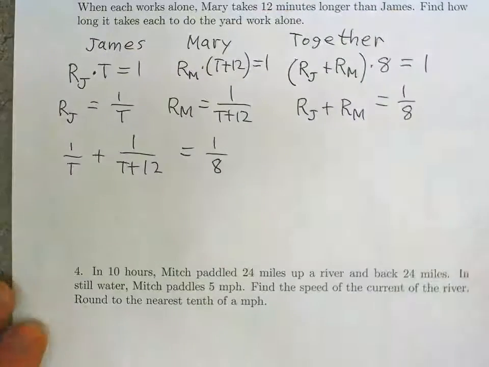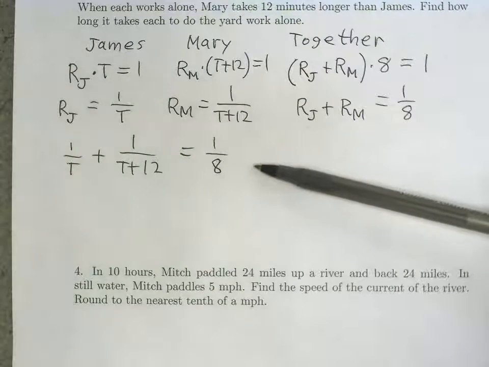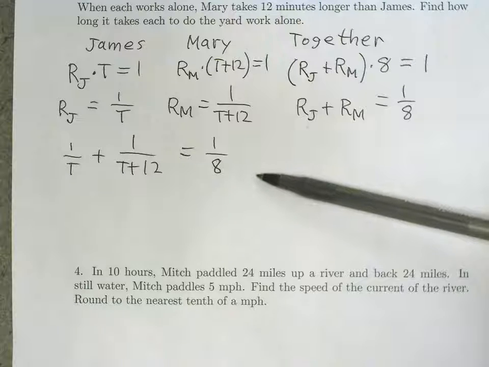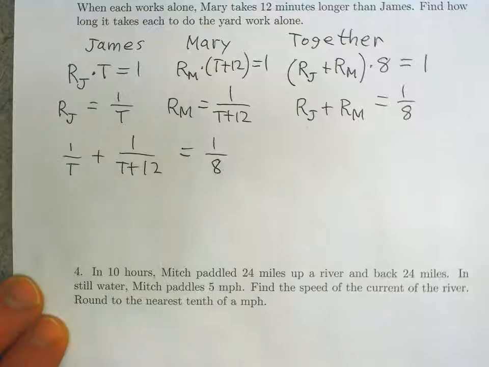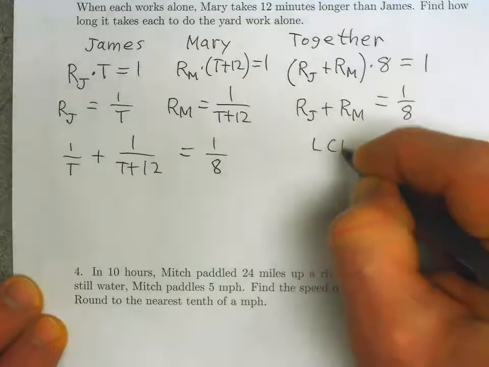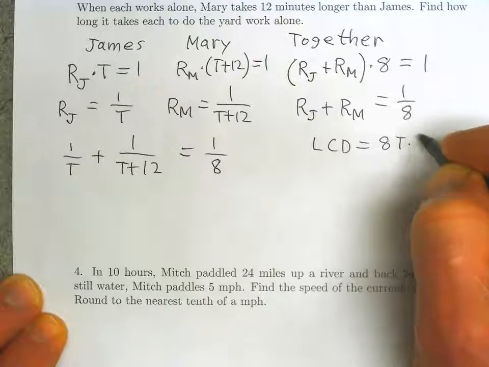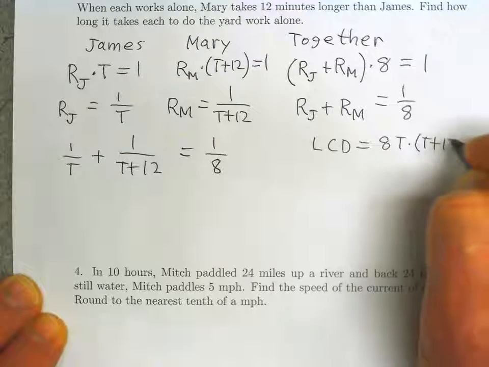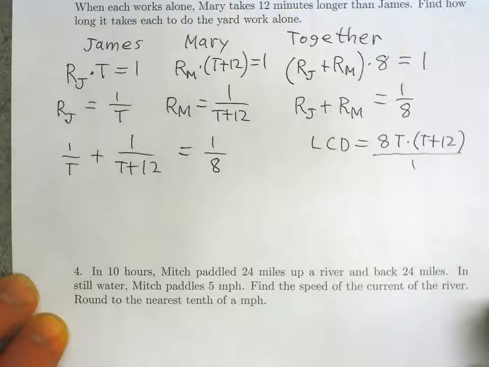Okay, in chapter 7, we learned how to solve equations with rational expressions like this one. So the least common denominator is just 8 times T times the binomial T plus 12 over 1, if you want to write it that way.